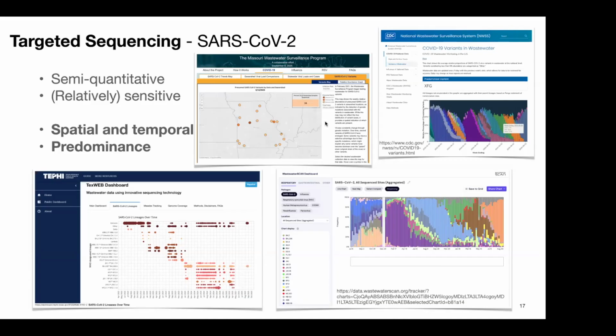I repeated here the CDC National Wastewater Surveillance System dashboard that I presented previously. There is also the Texas Epidemiologic Public Health Institute that has its own dashboard showing the different SARS-CoV-2 lineages over time.